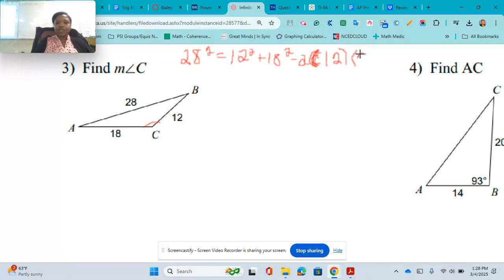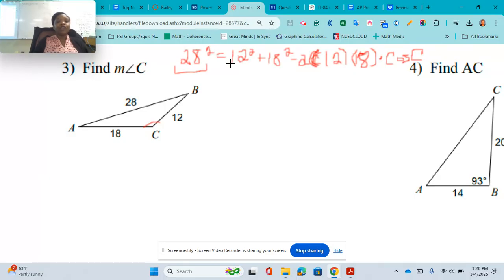I have a hard time erasing it, so 1, 8, 18. And then it's going to be multiplied by the cosine of C. And we are looking for that angle. All right, order of operations, we're going to do the 28 squared first, get that answer.